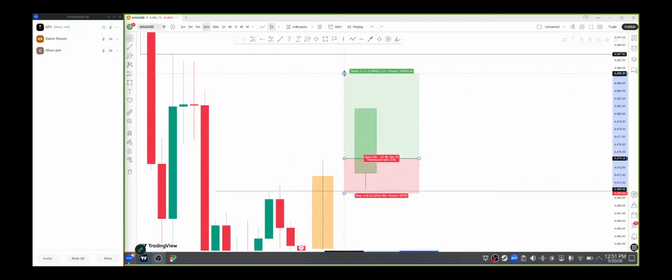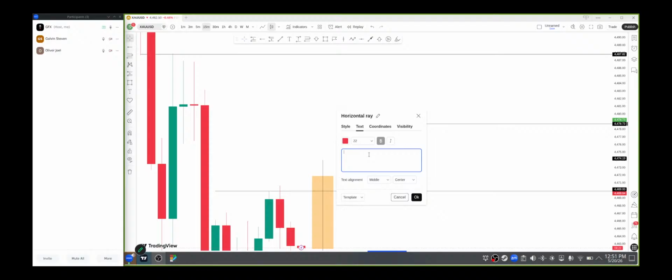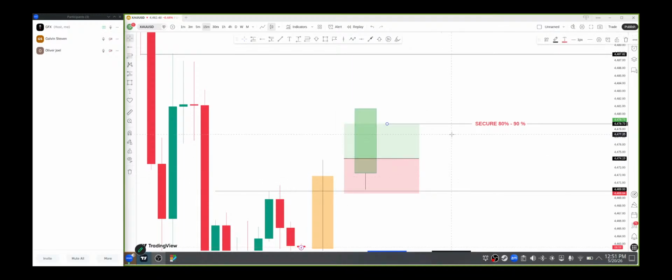And your TP1 is where you're going to secure 80 to 90%. It's up to you. Right? TP1. Let me put that on the screen as well. You want to go with 80%, 90%, totally up to you. You can do whichever you want. But I like to just go out with 90% and let my balance 10% go.